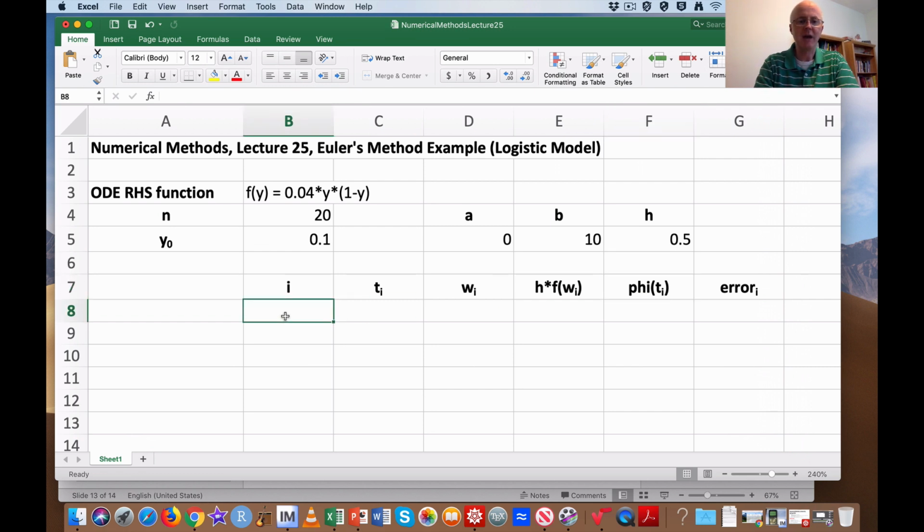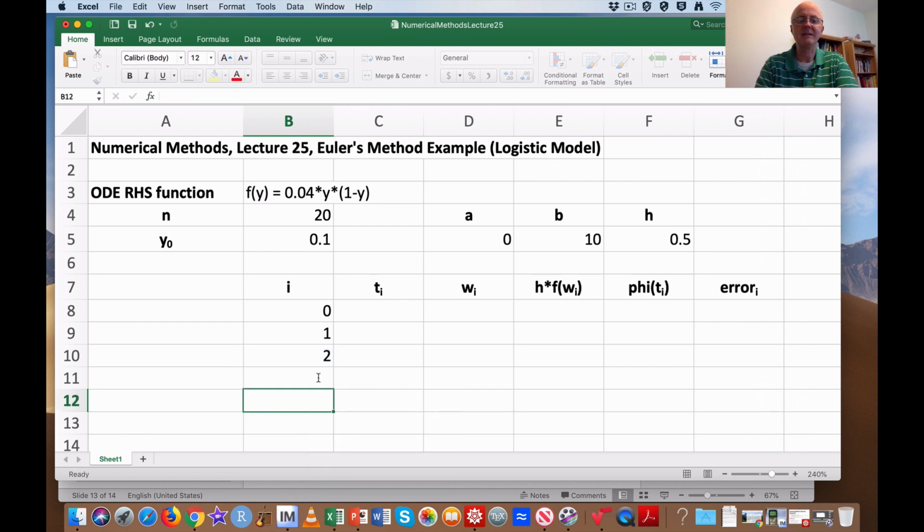I is just keeping track of what i is, so I could start with putting a 0 there. Then I can type equals B8 plus 1. And that formula will get updated to equals B9 plus 1 to make this one a 2. Then B10 plus 1 right there to make that a 3. You see the formula up here, equals B10 plus 1.